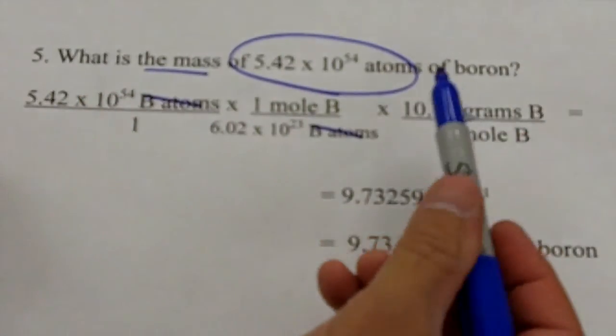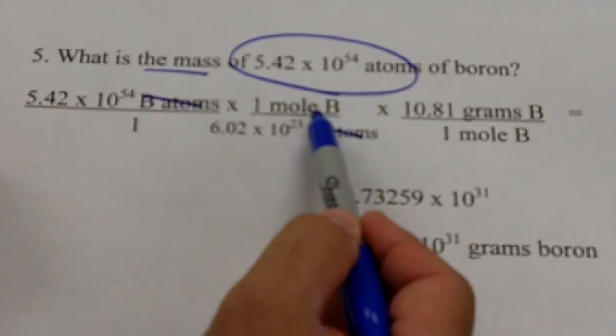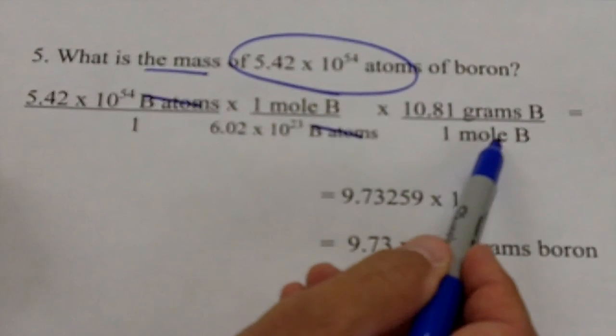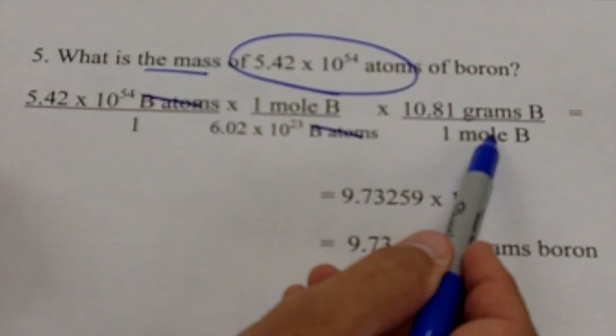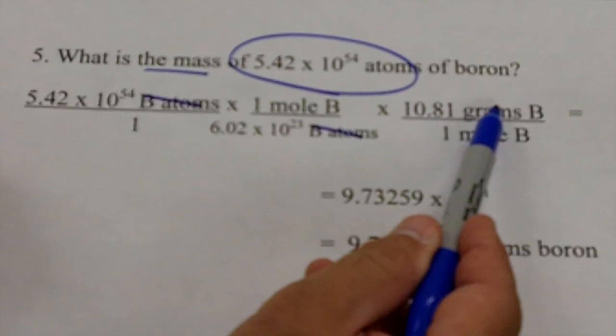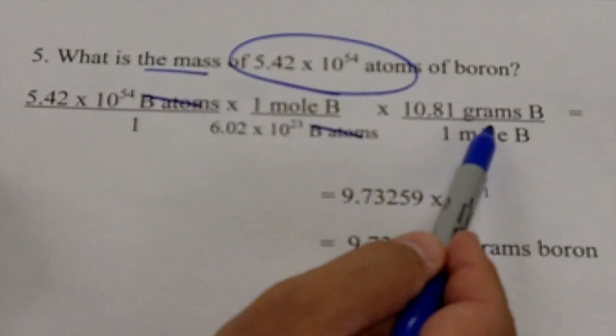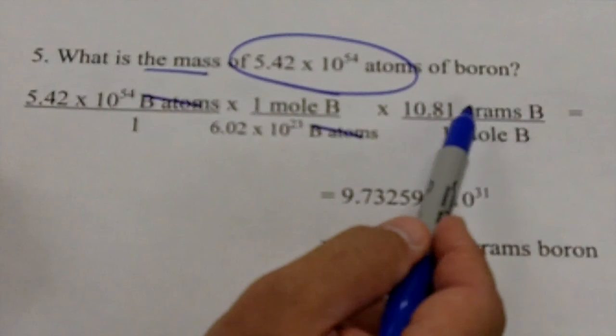Don't take the calculator out just yet because you don't have the unit that you're looking for. You're looking for grams, and you've got moles in this upper right-hand corner. Whatever unit is here, moles of boron, goes here, moles of boron. Whatever unit you want goes there. How do I determine the number of grams that 1 mole weighs? Well, it's not 12.01 like it was for carbon.